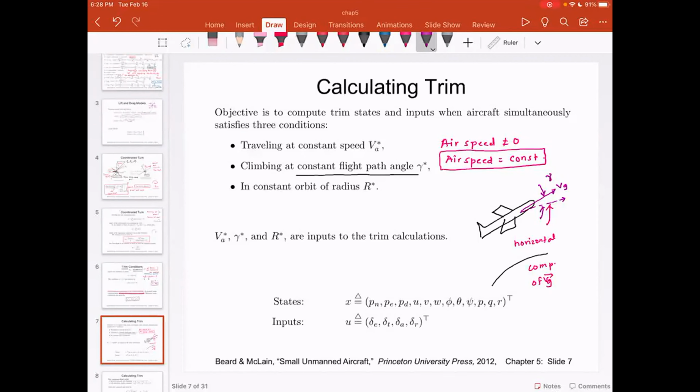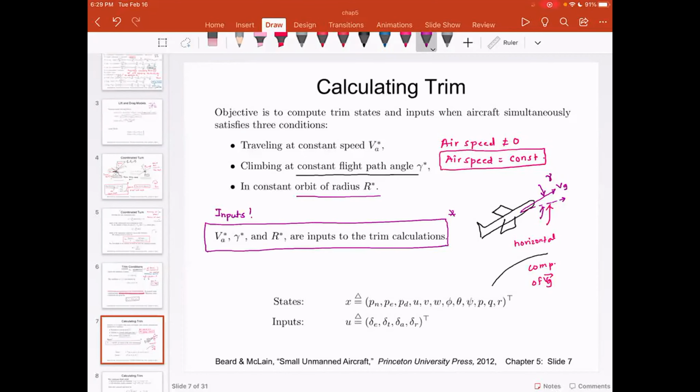And last but not least, if the aircraft is turning, the orbit radius has to be constant. You can't have the orbit radius changing. And when you want to find out the trimming condition for the aircraft, you will substitute these as inputs.